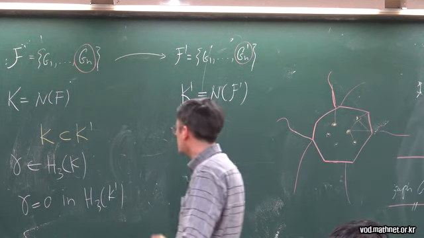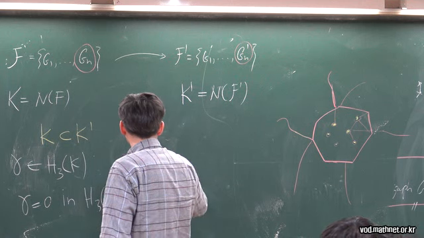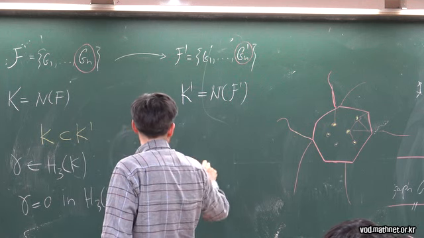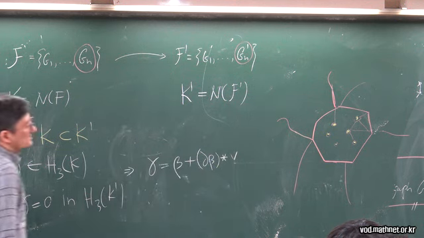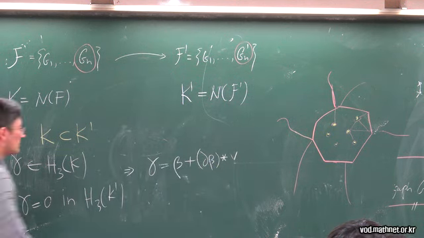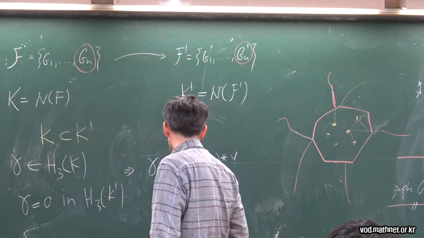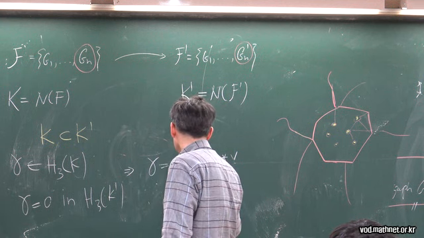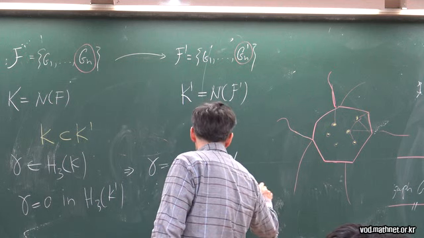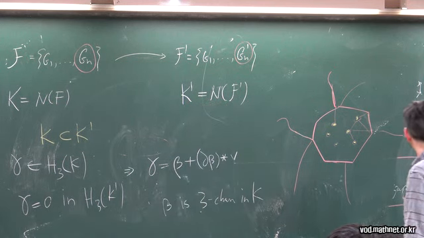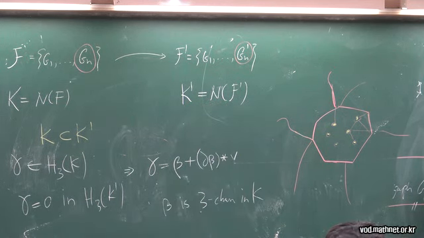And then you can show that gamma equals beta plus something like this. What this means is beta is a 3-chain in K. Okay, so I'll try to draw a picture of what this looks like.